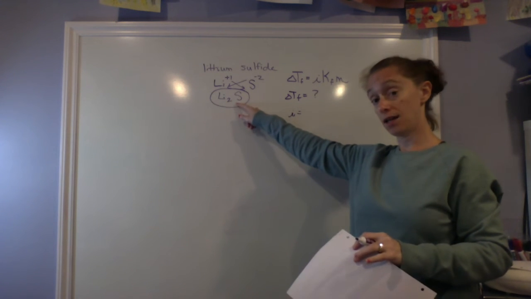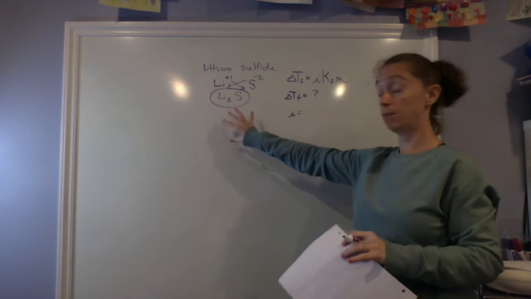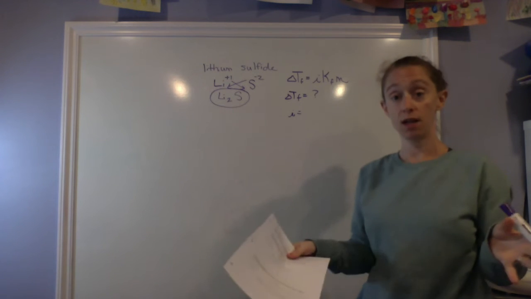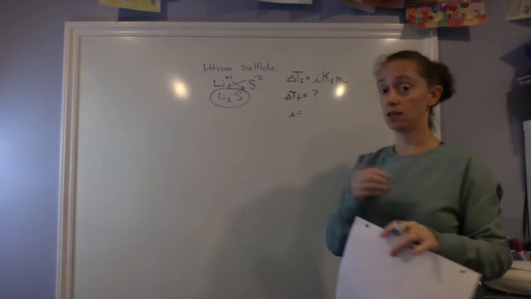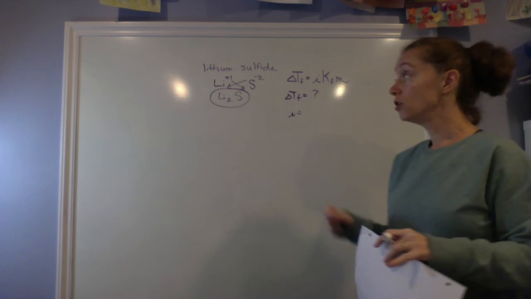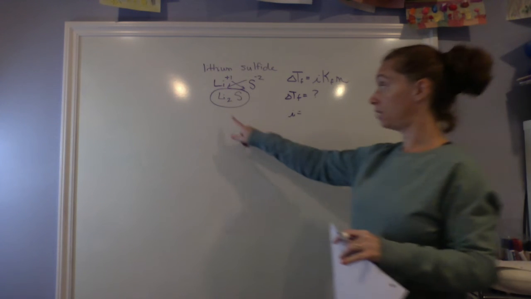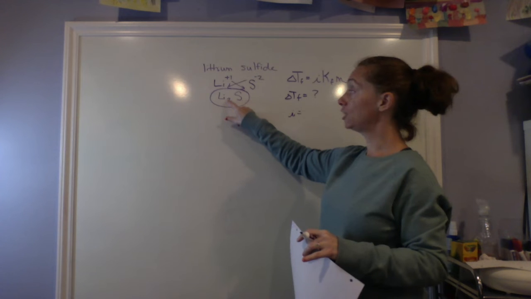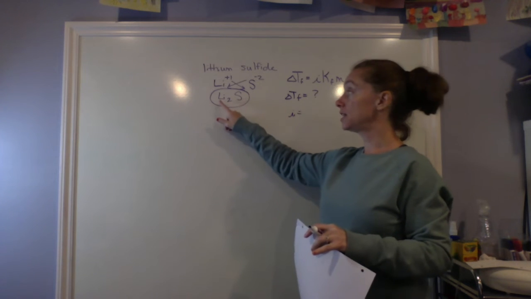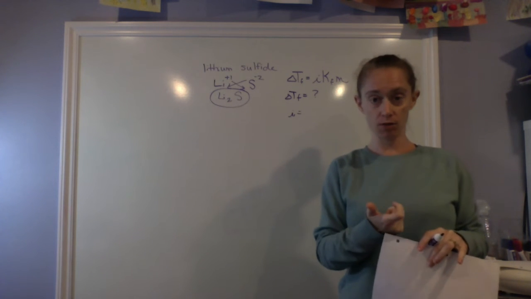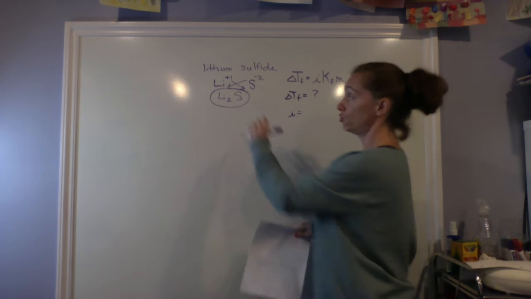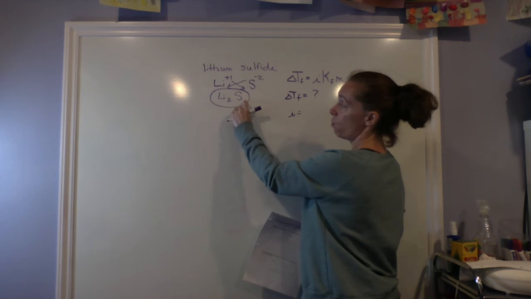Li2S is ionic, which means when it is placed in water, it's going to dissociate. The ionic compound is going to break down into individual ions. So to determine your i, you say, well, I have Li2S. Remember I said in class, all you do is add your subscripts. So in this case, I have 2 lithiums and 1 sulfur.